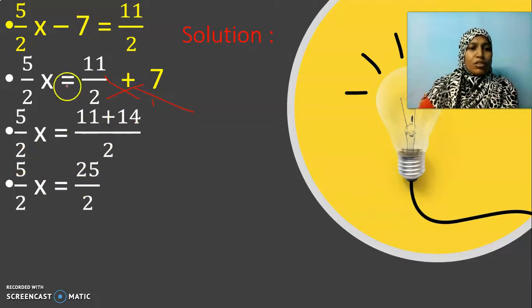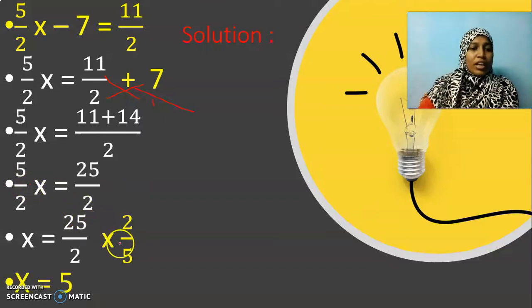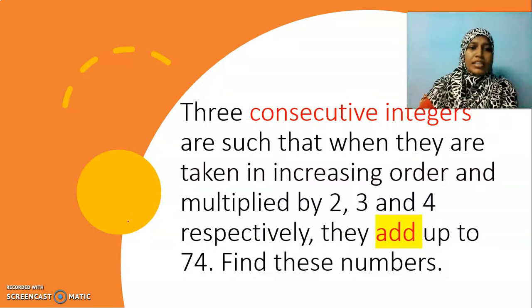Again, if I transpose this, 25 by 2, 5 by 2 will come as a reciprocal, because it is in multiplication. Here there is no operation. So, multiplication. Okay, then if I cancel 5 and 25, it becomes 5 5s are 25. And here 2 gets cancelled. Hope you got the answer.